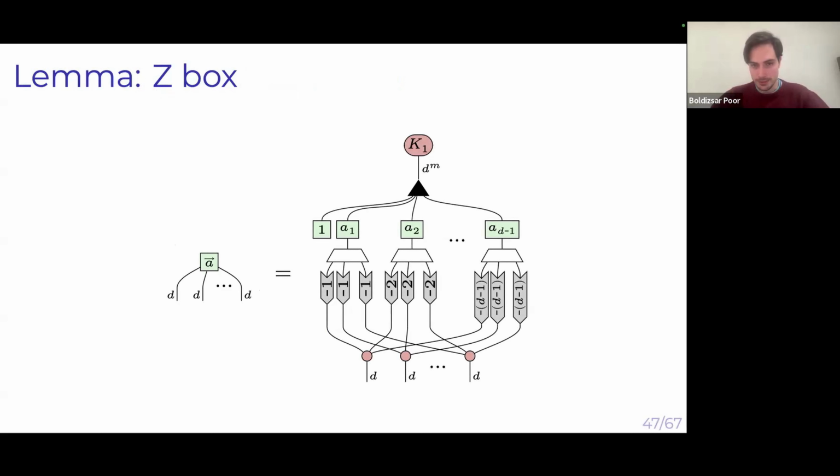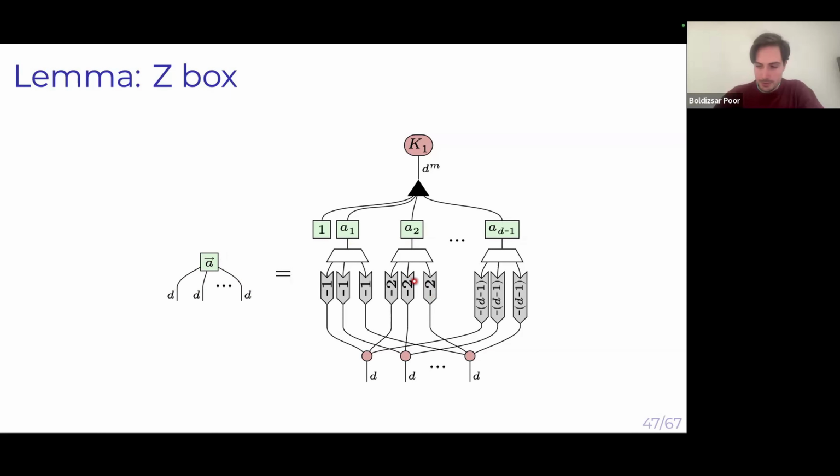So these will be first the normal forms that we show are equal to the generators. So first the Z spider with equal dimensions. So we are not going for the mixed dimensional Z spider here. We are only going for the simple qudit Z spider is equal to its normal form.